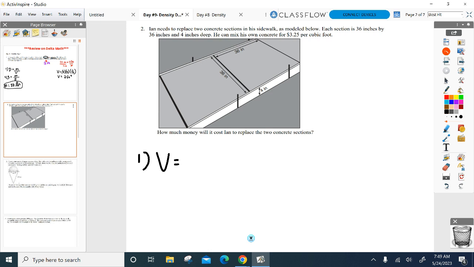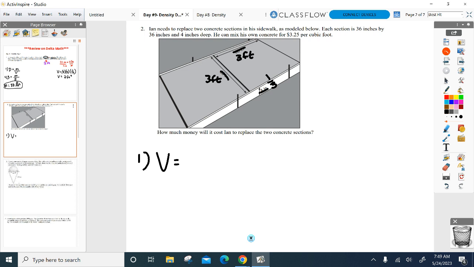The 36, everyone, should be going to 3 feet. Since there's 12 inches in a foot, 12 goes into 36 three times. And the 4 inches, you should convert into 1/3 of a foot.